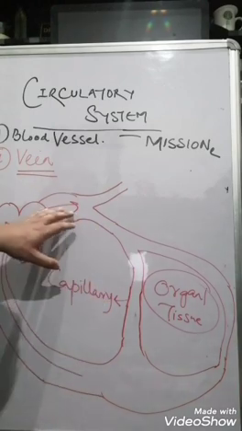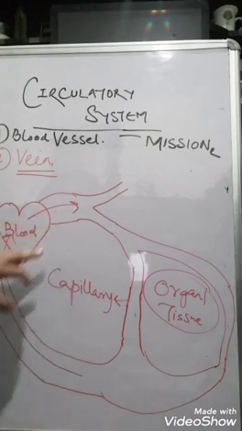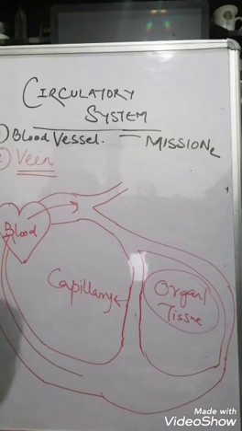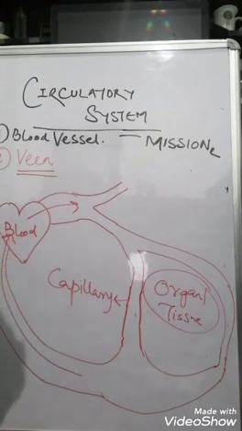If you see the artery mostly have the oxygenated blood, but if you see the vein mostly have the deoxygenated blood.